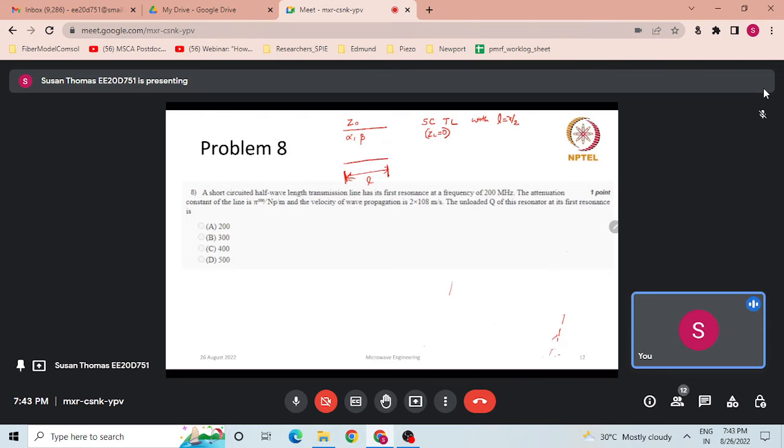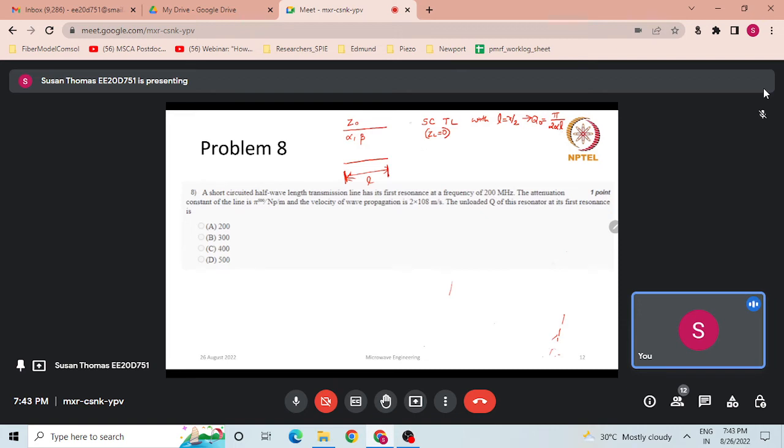In such a short circuited transmission line with length lambda by 2, the unloaded Q factor of that network is pi by 2 times alpha into L. What is alpha? Attenuation constant. What is L? The length of the transmission line.